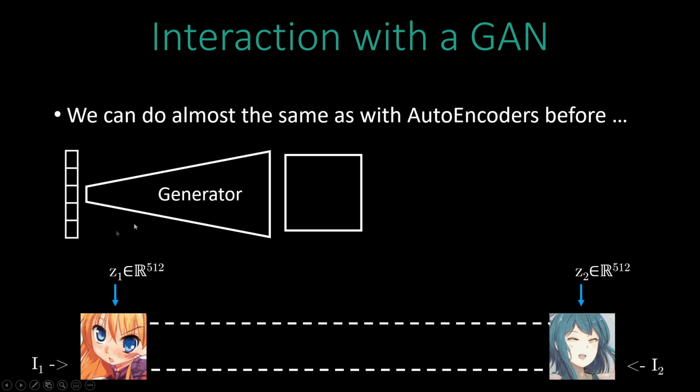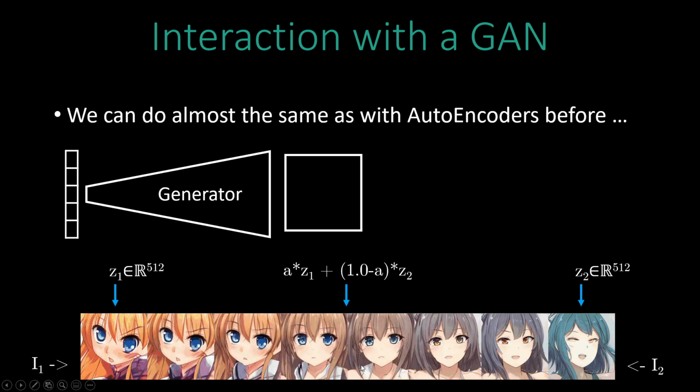If we feed it with some random vector, we get one image, and if we feed it with some other random vector, we will get another type of image. And we can also mix between those vectors to get interpolations there. So this is behaving the same as the autoencoder would, where we can interpolate between samples.